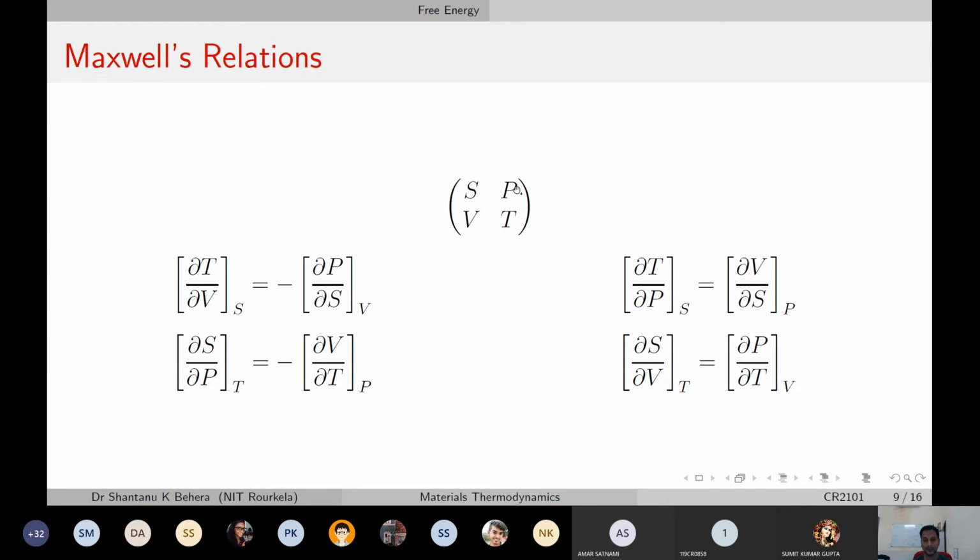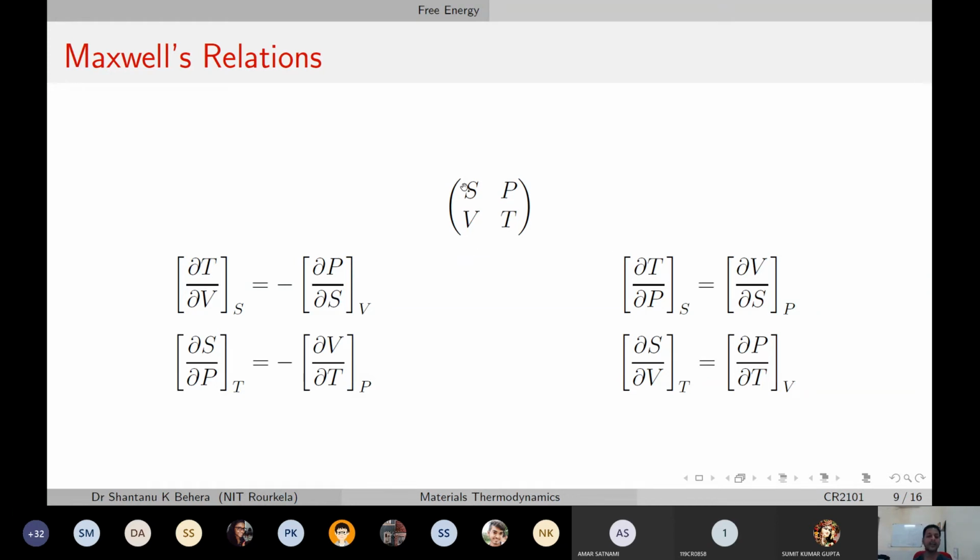Where is that relationship? Where is del S by del P? Yeah, here it is. Del S by del P. You mark this one as I say. Del S by del P at constant temperature is del V by del T at constant pressure. All right. Now let's go this way, because when you go like this, put a negative sign. That's the clue.